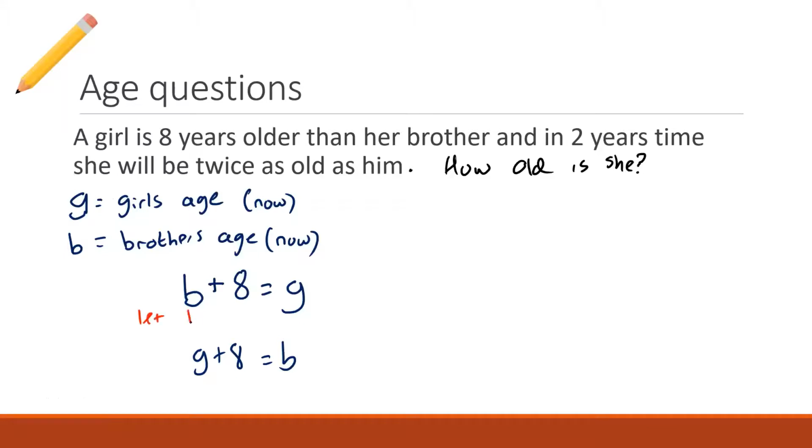Let's say the brother's age is only 2 years old. In this case, the girl would be 10 years old because it's 8 years older. 2 plus 8 is 10. In this one, what you would do is you go, all right, well, B equals 2, G plus 8 equals 2, therefore G equals negative 6.